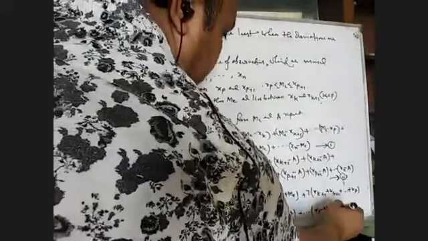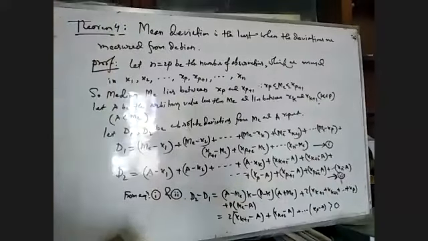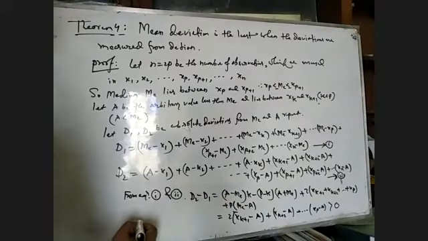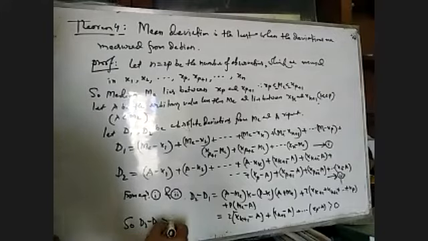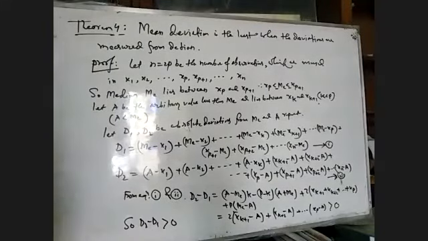But which is a positive quantity? That means this must be greater than 0, which is a positive quantity. So d2 minus d1 will be what? Positive. That means their difference always gives a positive quantity.